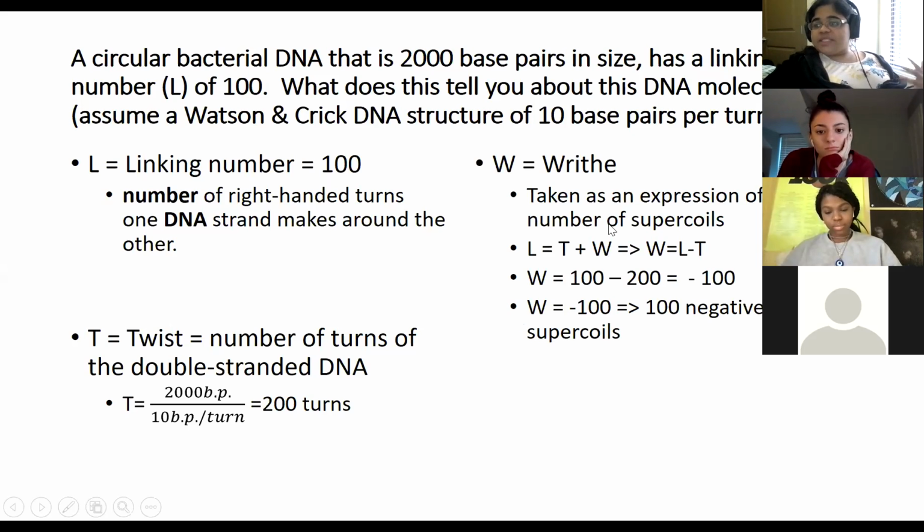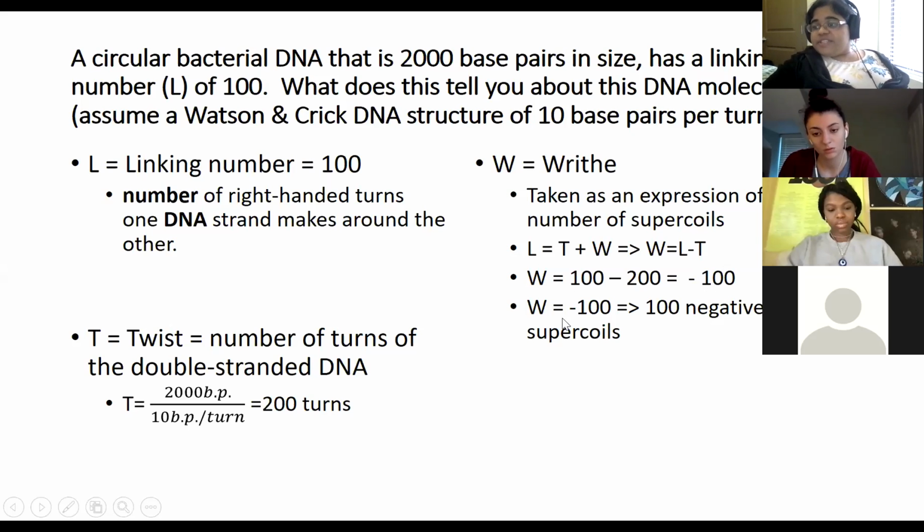Then you have something called writhe. Writhe is taken as an expression of the number of supercoils. So linking number equals twist plus writhe. To calculate writhe, you take linking number minus twist. So in this case, writhe equals 100 minus 200, which gives you negative 100.